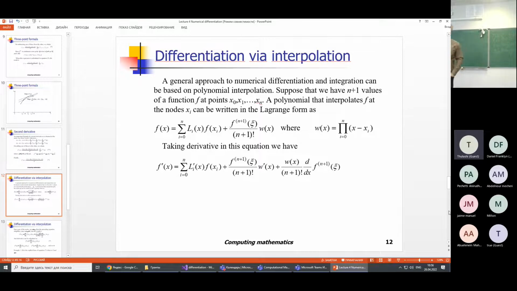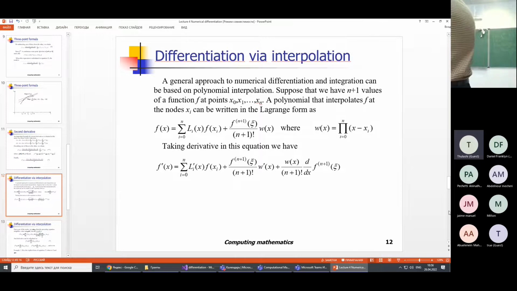This is the initial information: the values of a function at some given points.